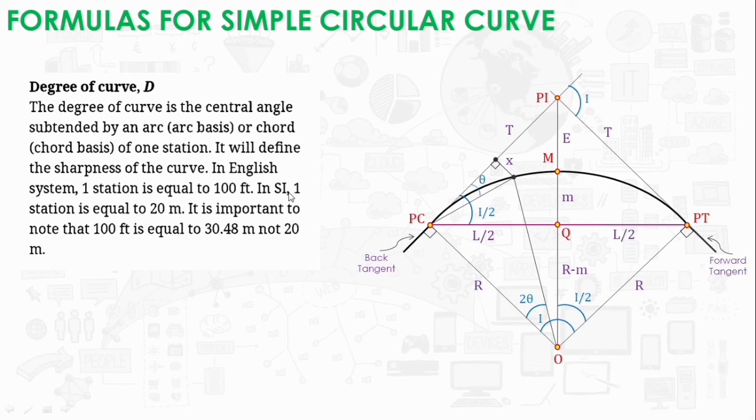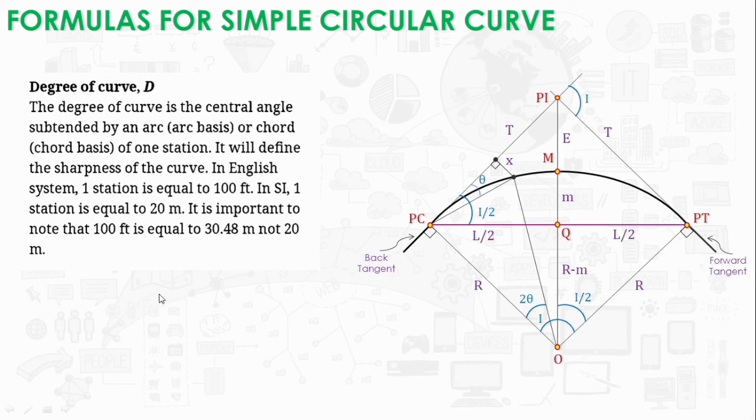In the SI unit, which we will use, 1 station is equal to 20 meters. It is important to note that 100 feet is equal to 30.48 meters, not 20 meters. But now we will use only the SI station, so 1 station equals 20 meters.